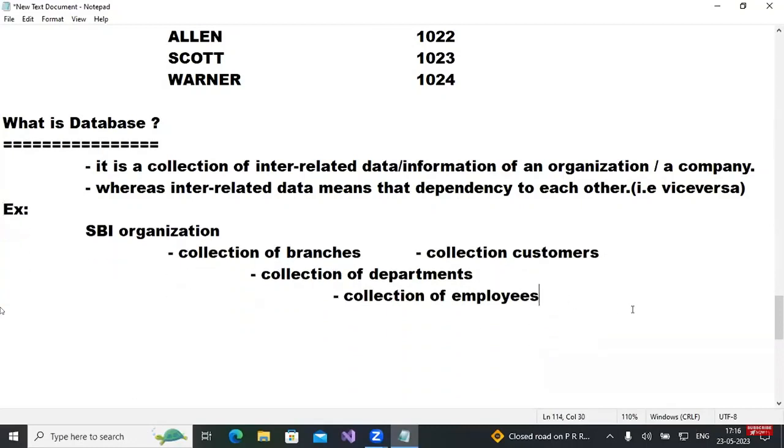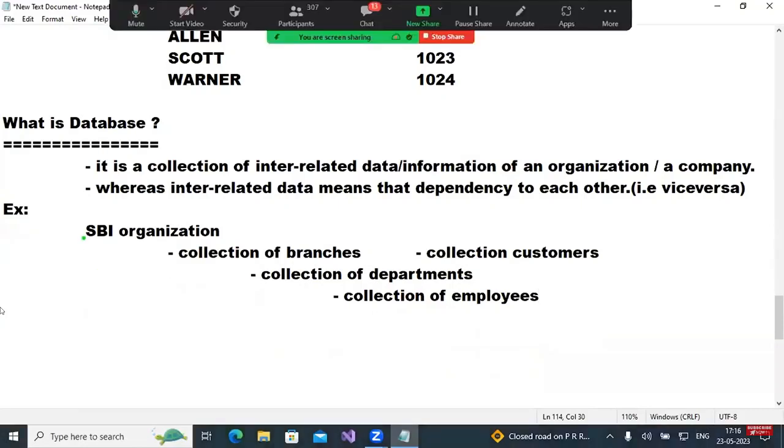So SBI is an organization, and these are the hierarchies.